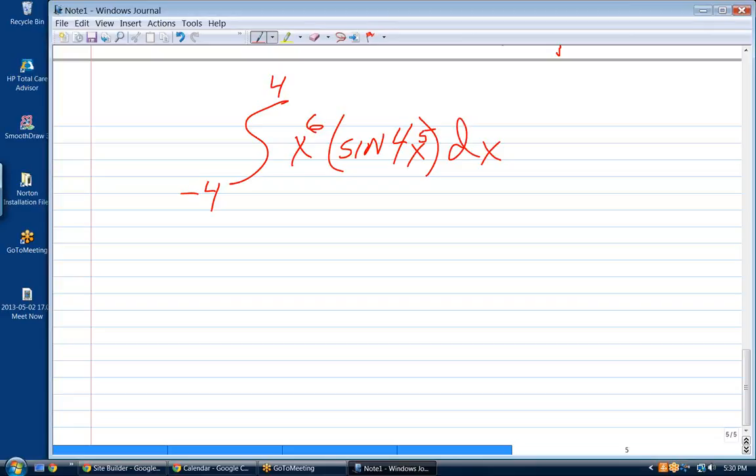So in terms of using symmetry on this, I wouldn't right off hand know whether this was symmetrical or not.